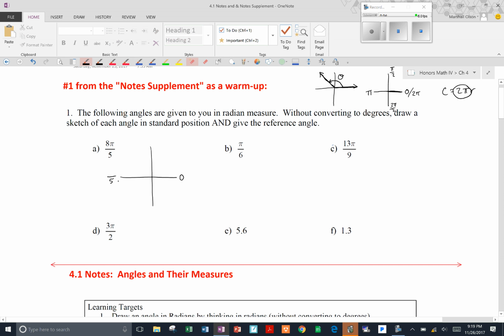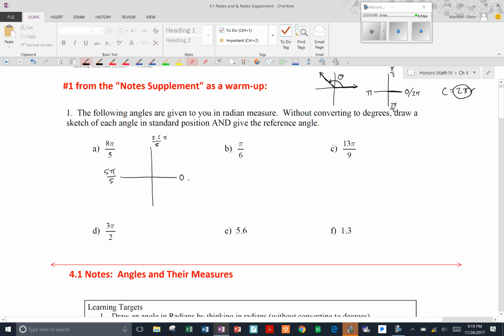But since we have it over 5, we know that this is equivalent to 5 pi over 5. Okay, obviously that would simplify to pi, which is what we know that radian measure is. But I'm trying to think of it in terms of that denominator right there. So halfway to that point would be 2.5 pi over 5.